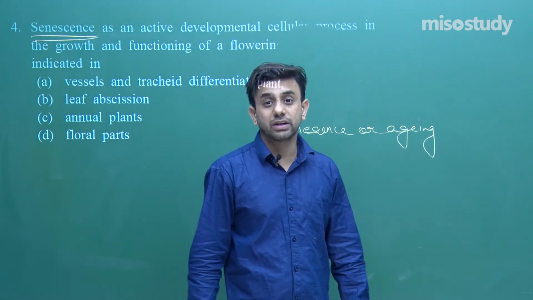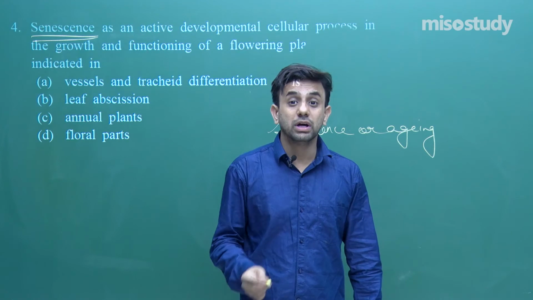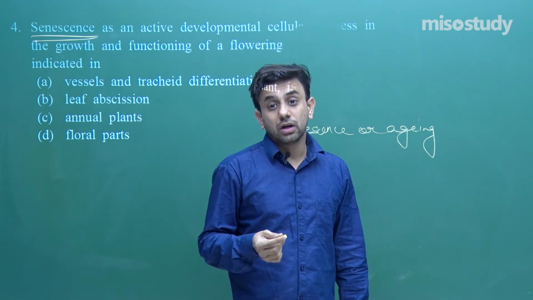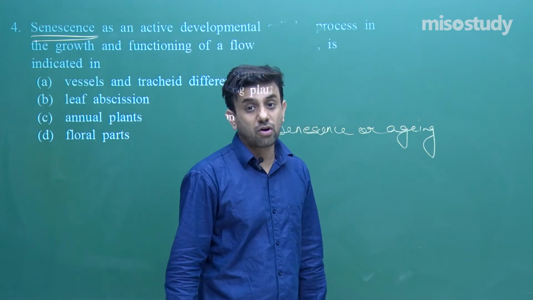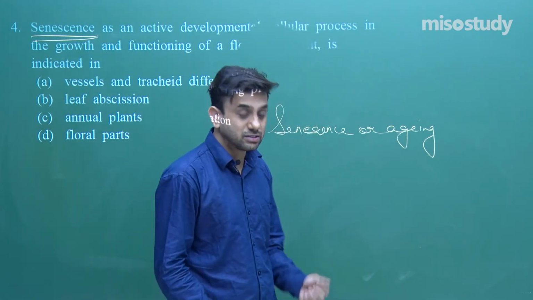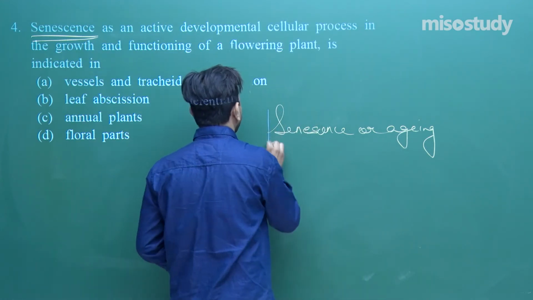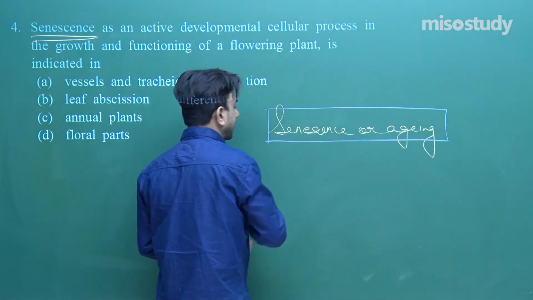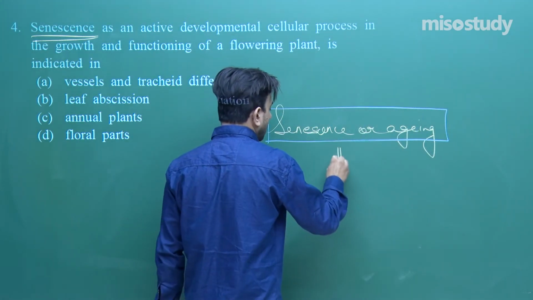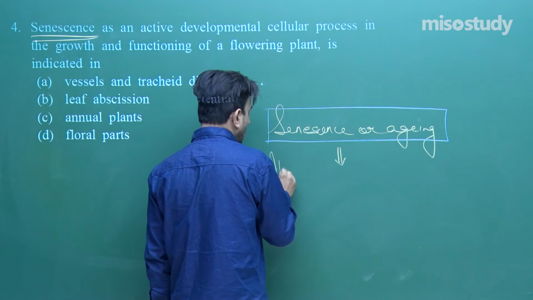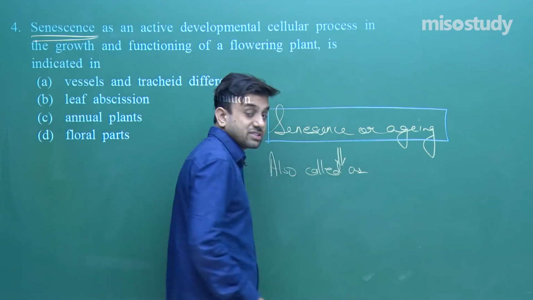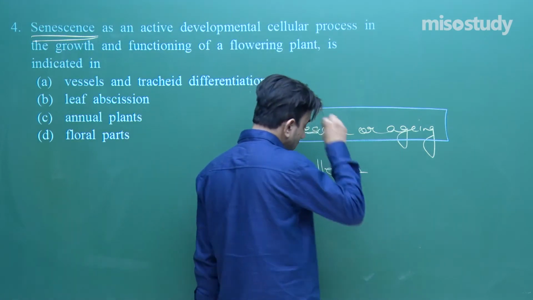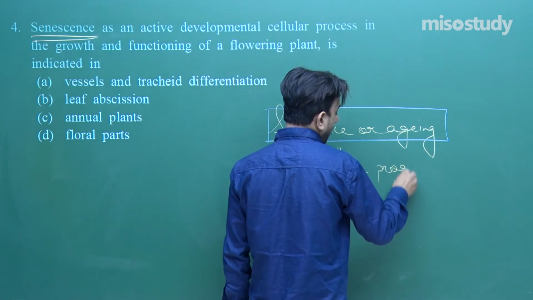Programmed cell death they call it, or as I told you, organized deterioration is what is called senescence.